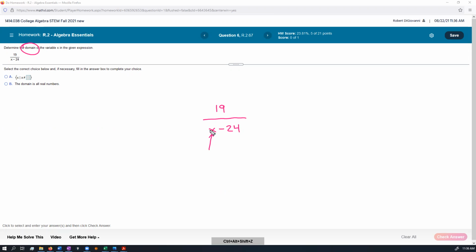Well, the denominator, right? The whole denominator can't be 0. If it's 0, then we have division by 0. We have 19 over 0, which is not allowed. So if x is 24, then we would get 24 minus 24 is equal to 0.